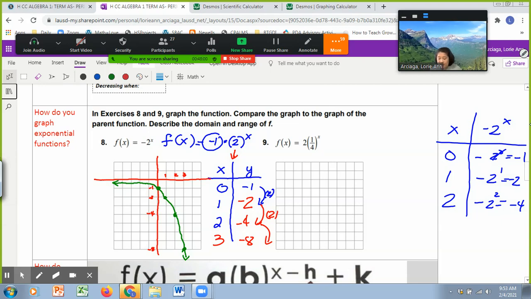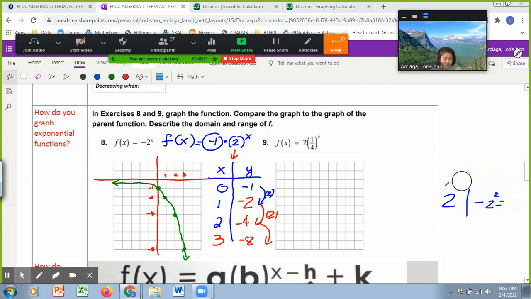All right, let's try this. Let's try again. So let's make a table. Can you give yourself some time to do this one?